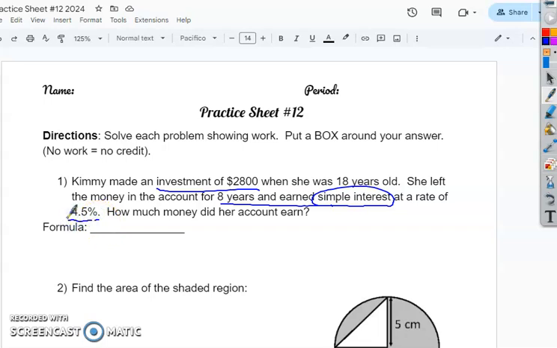Okay, so this is new information. The question says, how much money did her account earn? So all we're looking for is how much the interest is, how much her account earned. So number 1, simple interest. This is new.